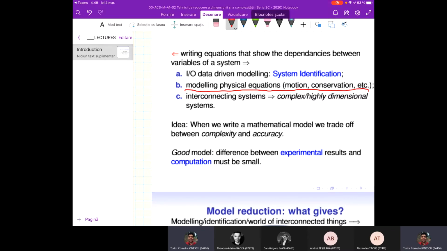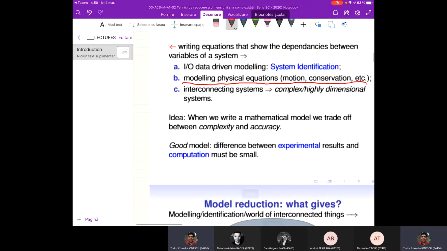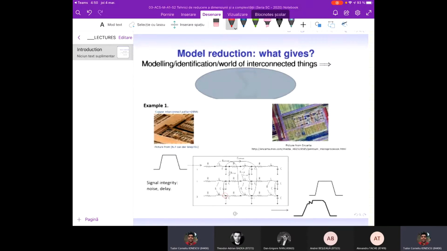If you compute something using a mathematical model, and it's not good at all, and the experiments show otherwise, then you're back to square one, essentially. So you don't get absolutely anything. You do need this trade-off to be able to make a good mathematical model.